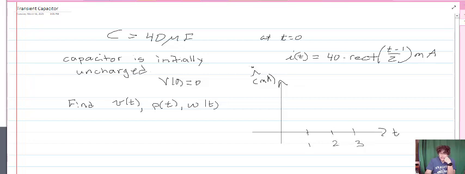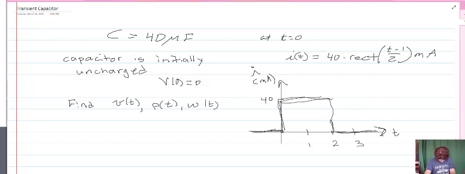So if its center is at 1 and its width is 2, then it goes from 0 to 2. And during that time, it has the constant value of 40. And at other times, it's 0. So that's what the rectangle function is. So it's 0, and then it becomes 40, and it's 40 for 2 seconds, and then goes back to 0. And it looks like that. So that is what our current function looks like.